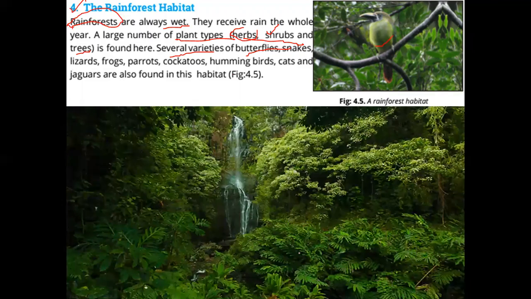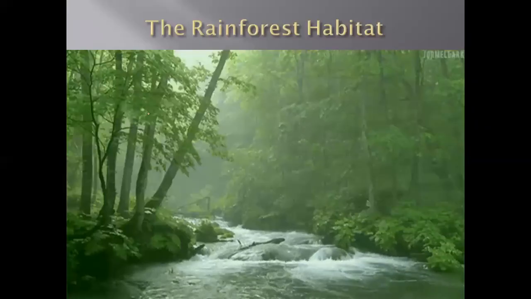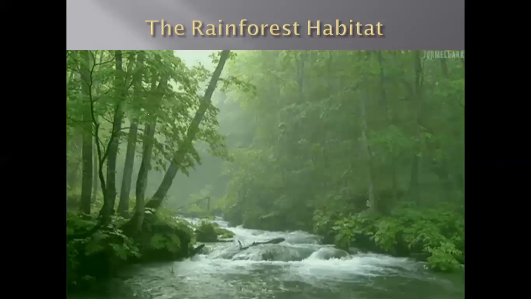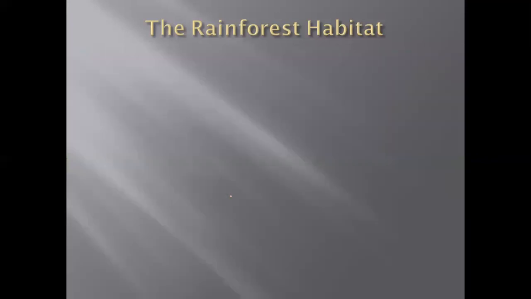So you see a very fascinating and beautiful image of a rainforest. Everywhere there are lush green trees. These are shrubs because they are of small height, and these are trees. There are waterfalls over there, and hummingbird is also present in this rainforest habitat. You see the very fascinating beauty of a rainforest habitat.